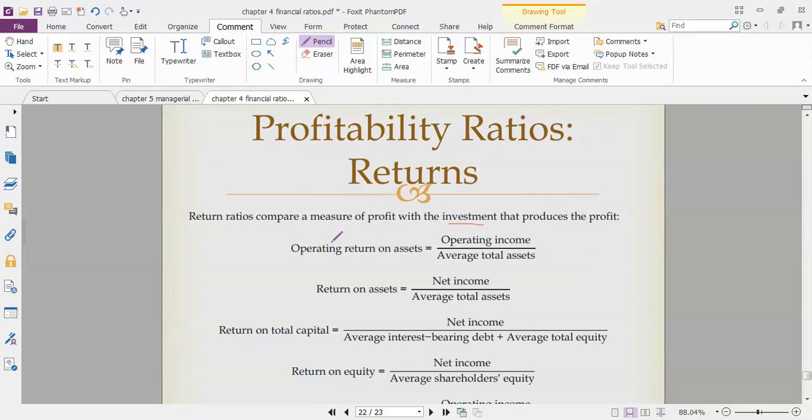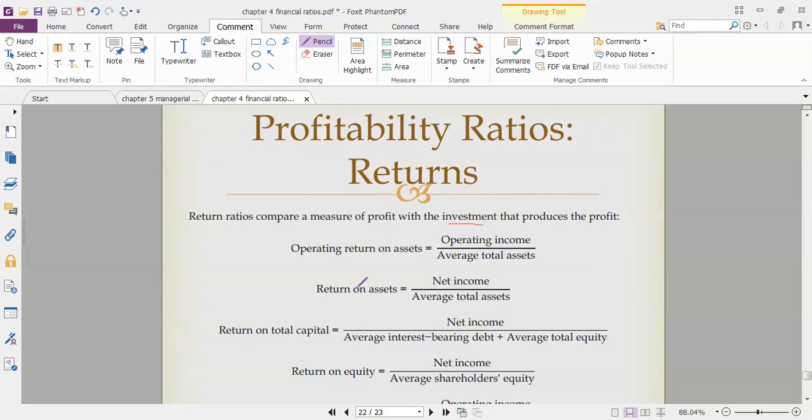So how much do we invest in order to generate the profit? Operating return on asset: what is the formula? Operating income divided by average total assets.